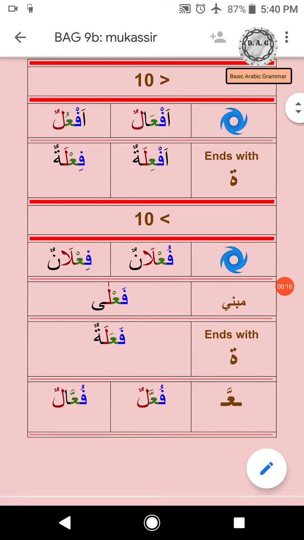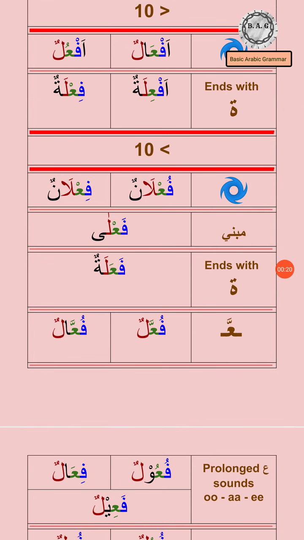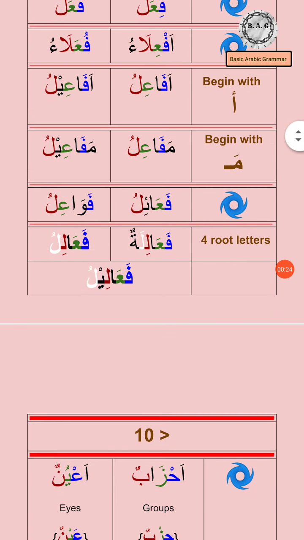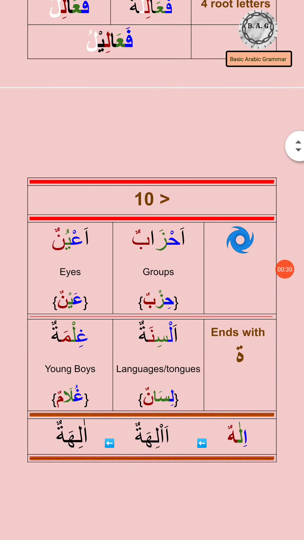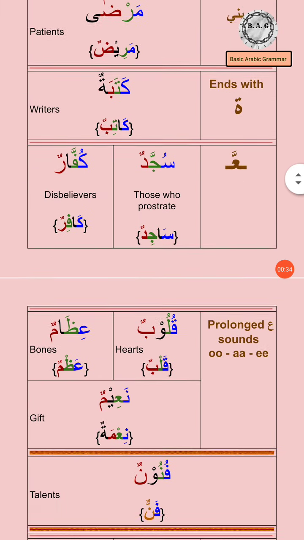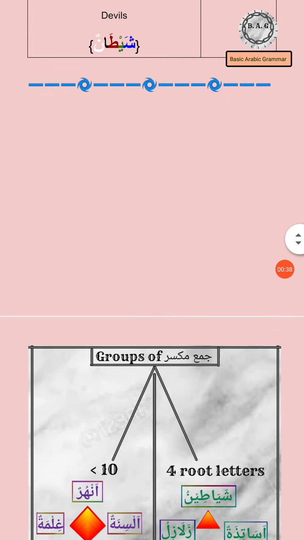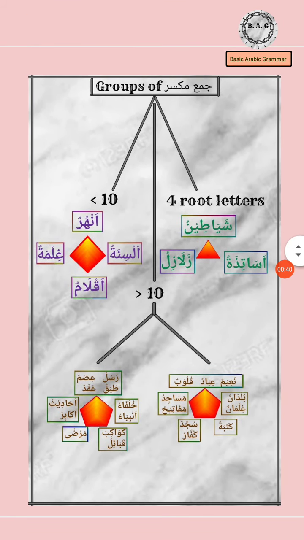Previously we have already covered these patterns and I have mentioned the points of similarity between the various members of each group and also why I have grouped certain patterns together. We also studied these examples in our second video, and now in our last video of Jama Mukassir we are going to start off with this little chart or this little list that I have for myself.